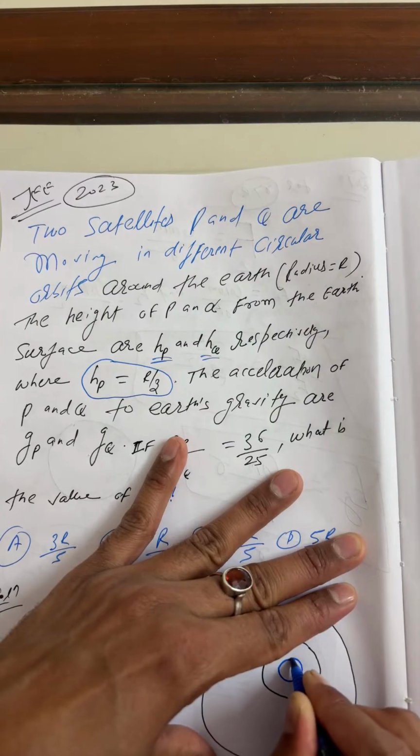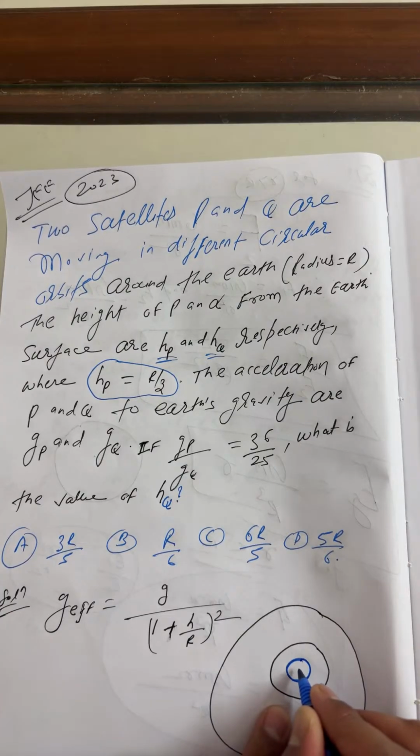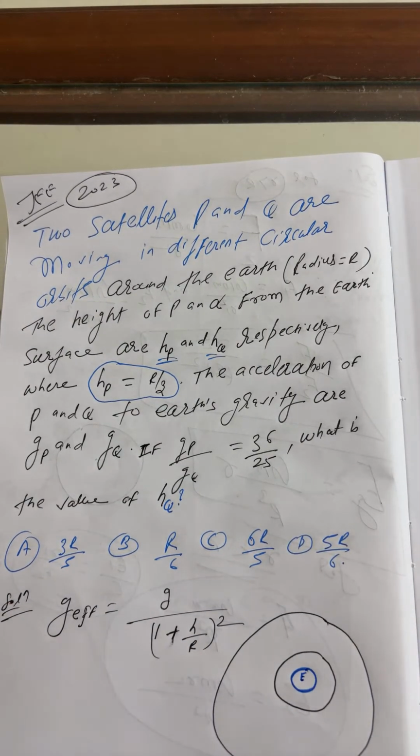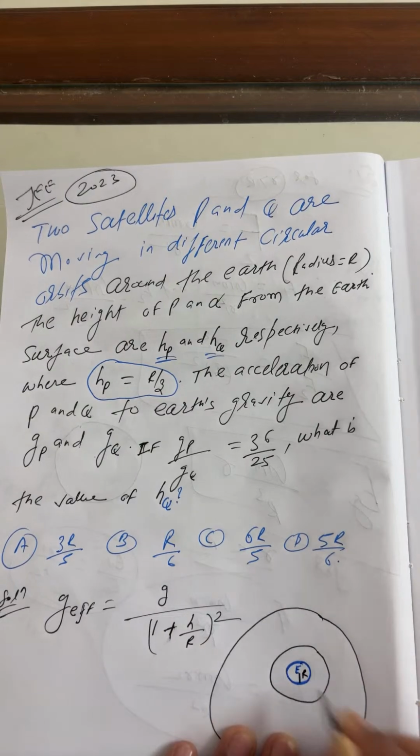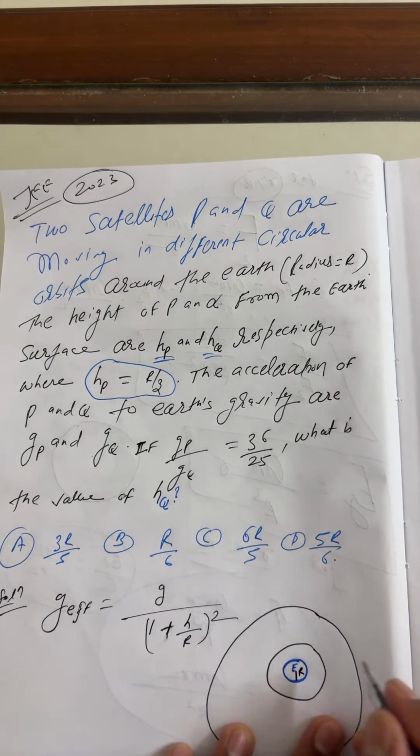This is the Earth surface. Students, what is the radius of the Earth? You can take R as the radius of the Earth.